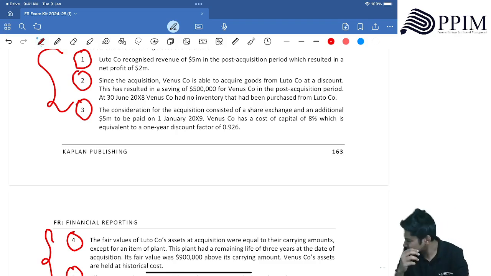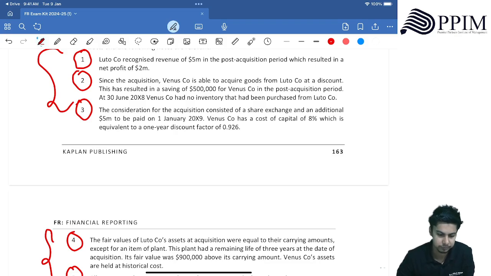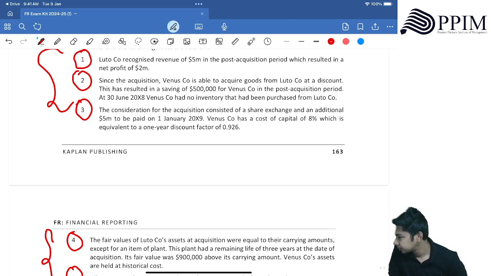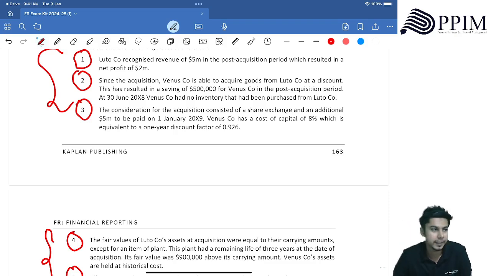That's the corrected answer, no, Shahla? After doing all the adjustments, is it? Yes, correct, Daniel. But Daniel, when you're doing the adjustment, do take the number of months into consideration. Okay, when you're doing the adjustment, do take the number of months into consideration.